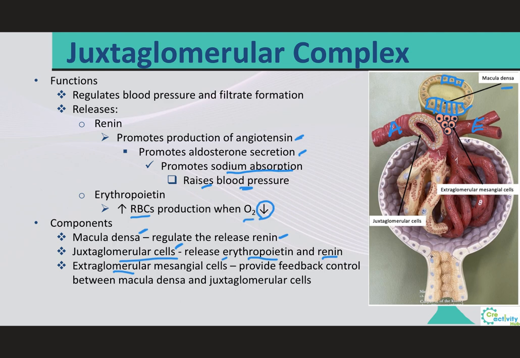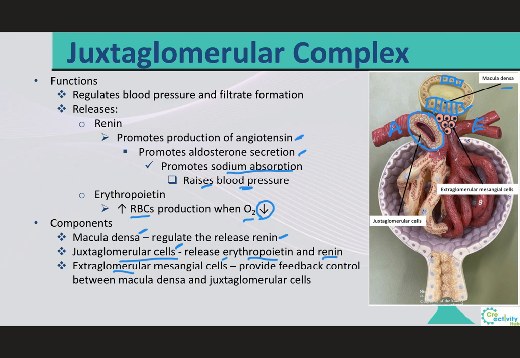So if you have low oxygen levels, then you have the secretion of erythropoietin that will increase the rate of production of red blood cells. And these juxtaglomerular cells are located right over here on the afferent arterioles.